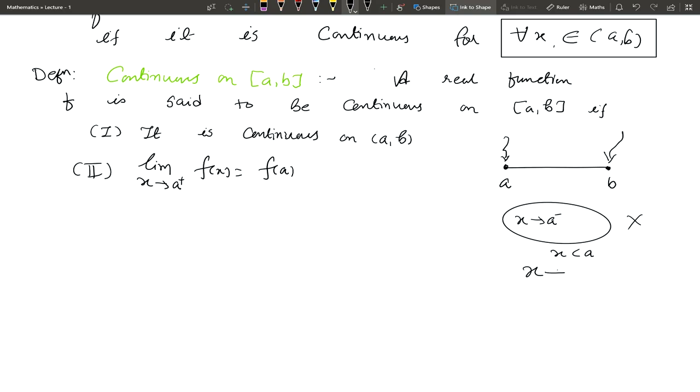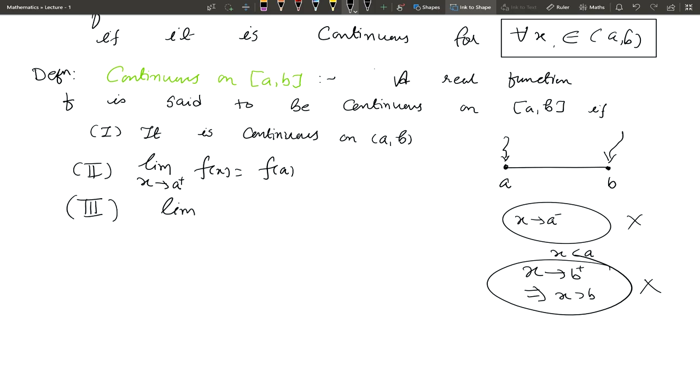The right hand side limit is not possible, because in that case x will be greater than b and you will be outside the interval. So at x equal to b, we can only discuss the left hand side limit.